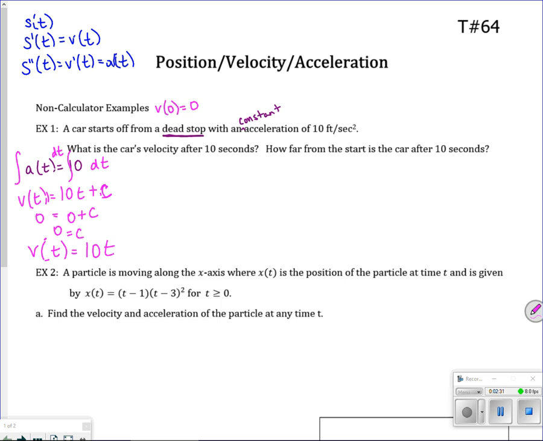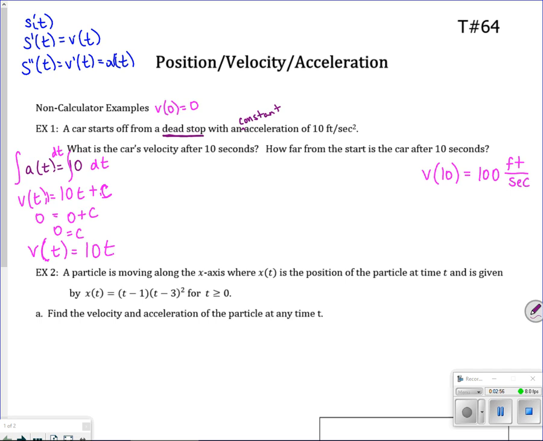So the velocity at any time is equal to 10t. If the question says, what is the car's velocity after 10 seconds, you just find v of 10. You get 100, and the units would be feet per second, which you need to write down because units were introduced.